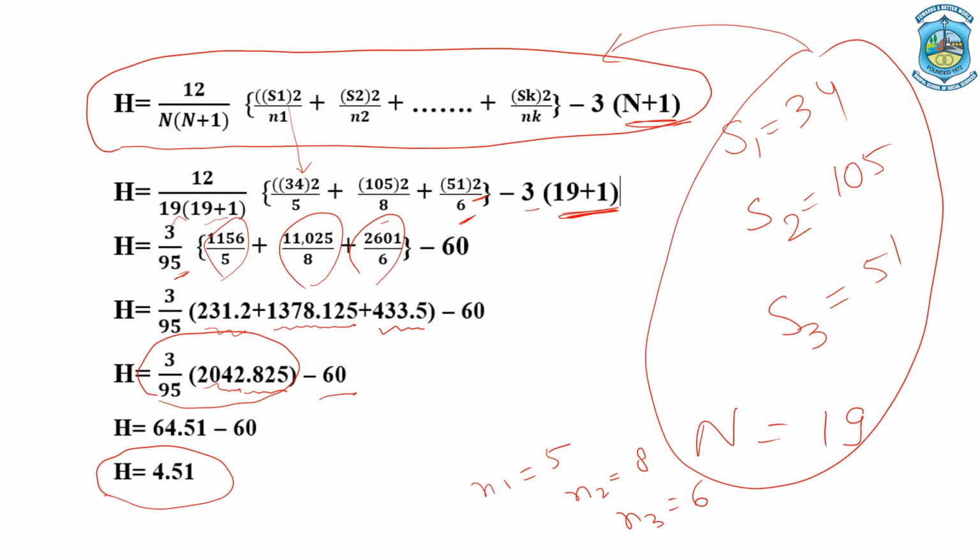Now what does this 4.51 tell us? This is our calculated value. We know that if our calculated value is greater than the table value, that is the chi-square value, then, since in the Kruskal Wallis test we use the chi-square table, our null hypothesis is rejected.